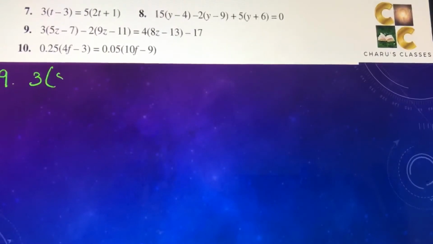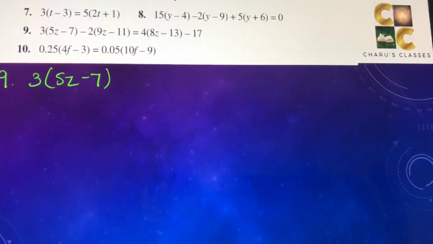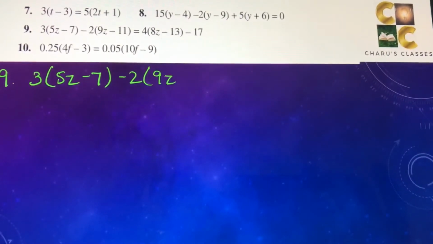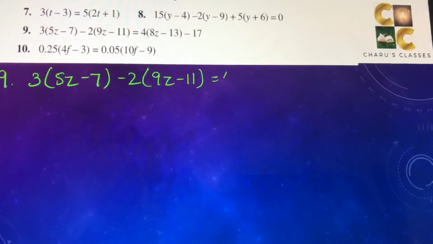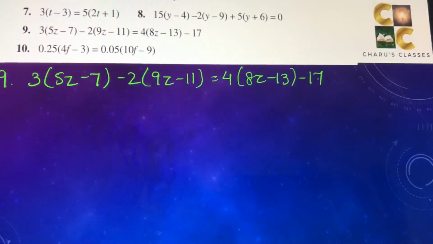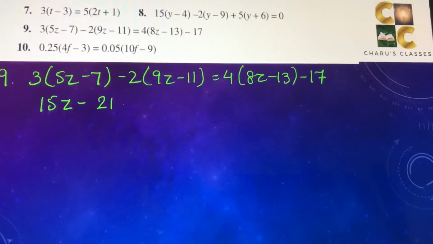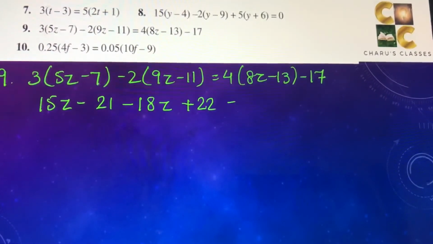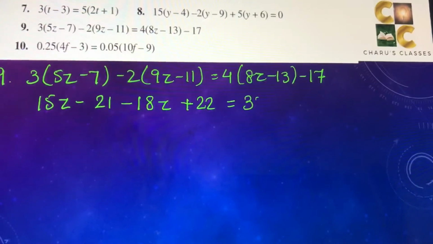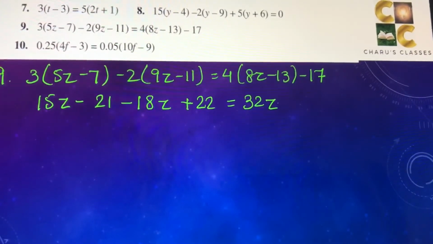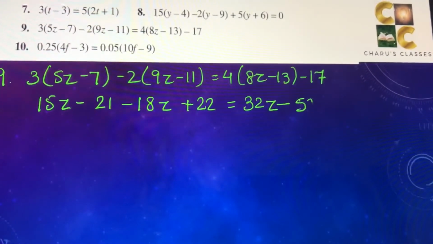Question number 9. 3 into (5z minus 7) minus 2 into (9z minus 11) is equal to 4 into (8z minus 13) minus 17. This gives us 15z minus 21 minus 18z plus 22 equal to 32z minus 52 minus 17.